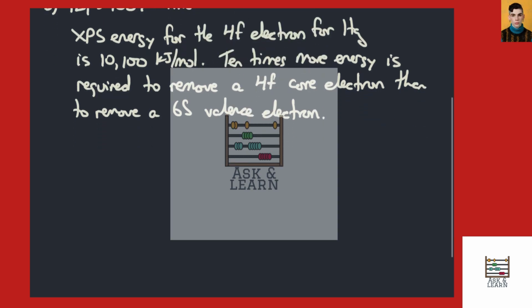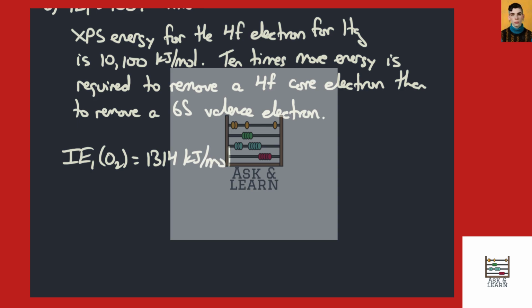If we look at the first ionization energy for oxygen, this would be equal to 1,314 kilojoules per mole.